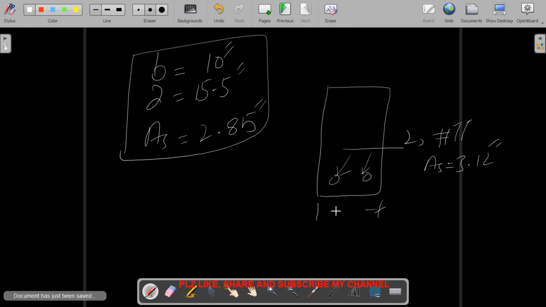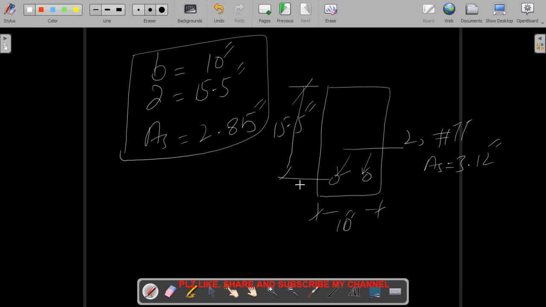My width of the section is 10 inches and depth of the section is 15.5 inches, and the effective cover we can calculate if I assume 3/8 inch dia stirrup, and this is my number 11 bar.